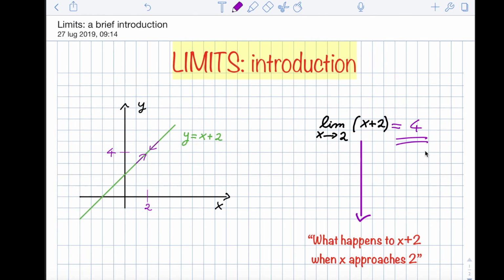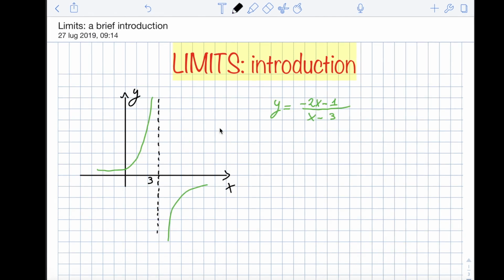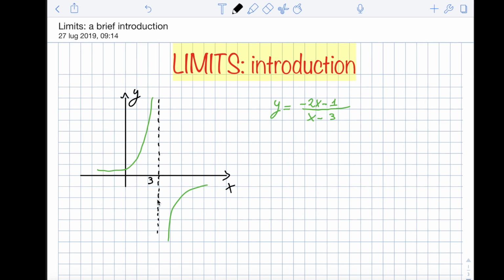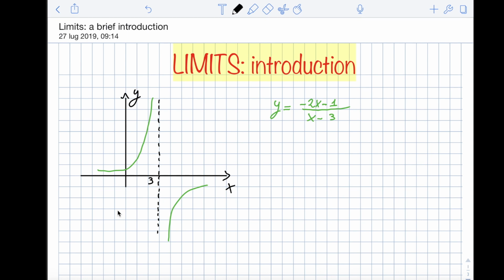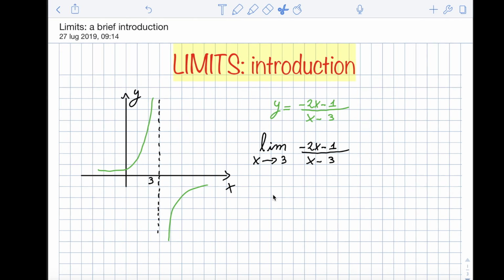The idea is that there are some functions that behave in a weird way in proximity of certain points. For example, consider this function. x equals 3 is what we call a vertical asymptote. So, if we want to compute the limit of this function when x approaches 3, could we just substitute x with 3 in the equation like in the above examples?